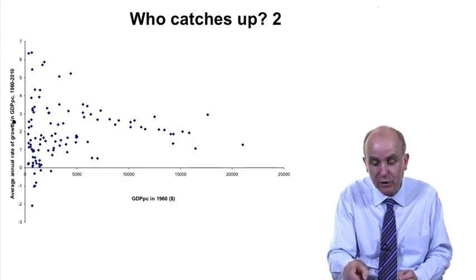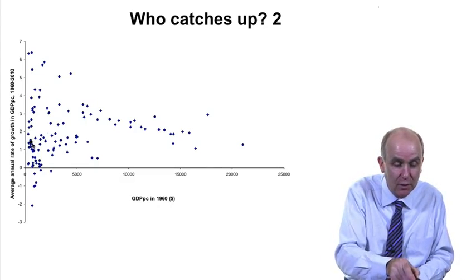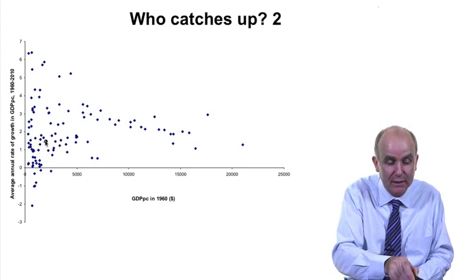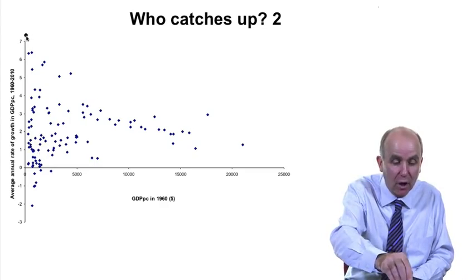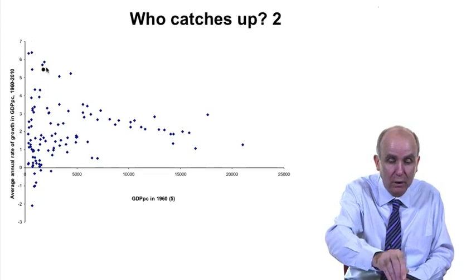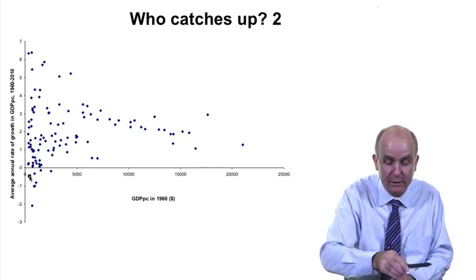So countries that are further out on the horizontal axis are the countries that were richer in 1960. Countries that are closer to the vertical axis are the countries that were poorer in 1960. Countries that are higher up on the vertical axis have grown most from 1960 to 2010. Countries that are down the bottom on the vertical axis have grown least.